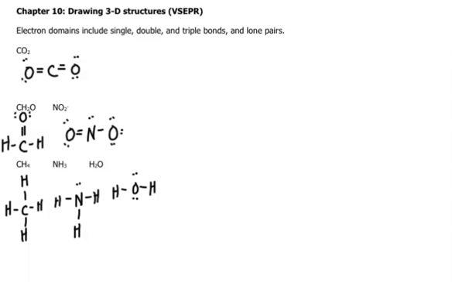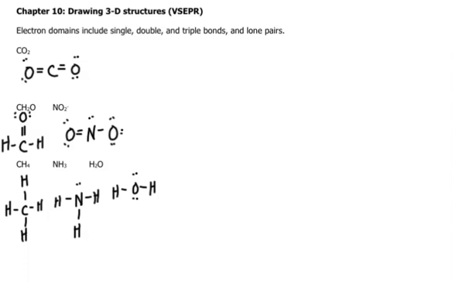So let's start out with CO2. The carbon here has 2 double bonds on it. Each double bond counts as 1 electron domain. So the carbon has 2 electron domains. They try to get as far apart from each other as they can, and therefore the best way for them to do that is to be at a 180-degree angle from each other.